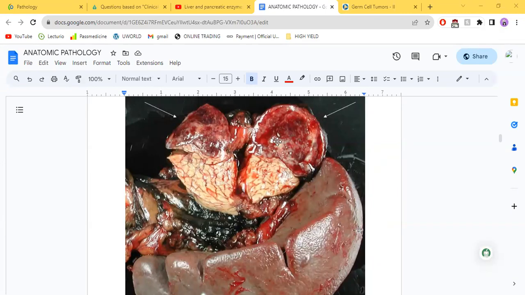I forgot to ask, what do we think the pathology could be? So someone tells me pancreatic tumor. Correct.